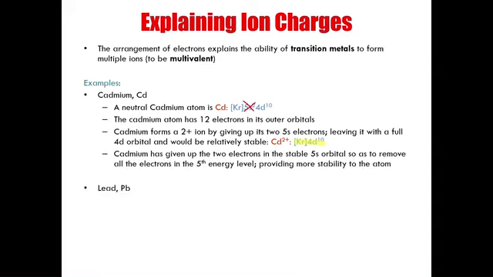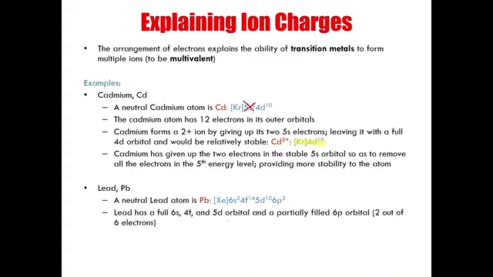If you look at lead, lead can have 2 possible charges. So it can have a 2 positive charge or a 4 positive charge. This is the electron configuration of the atom before it ionizes. Now, I hope you can see where it's going to lose the electrons. Let's jump directly to the 2 positive charge. So what it's done is it's lost the very unstable 6p2 electrons.